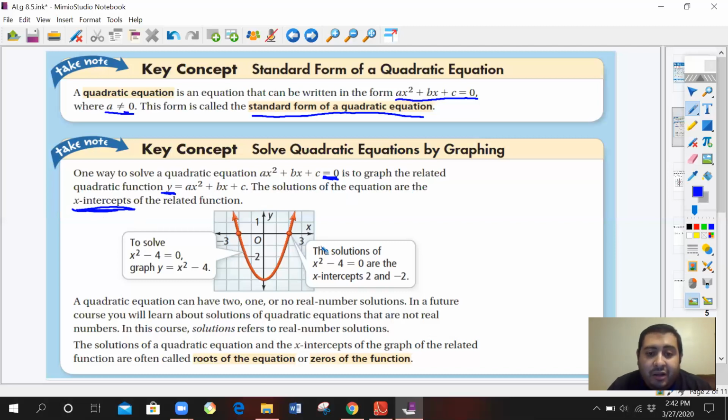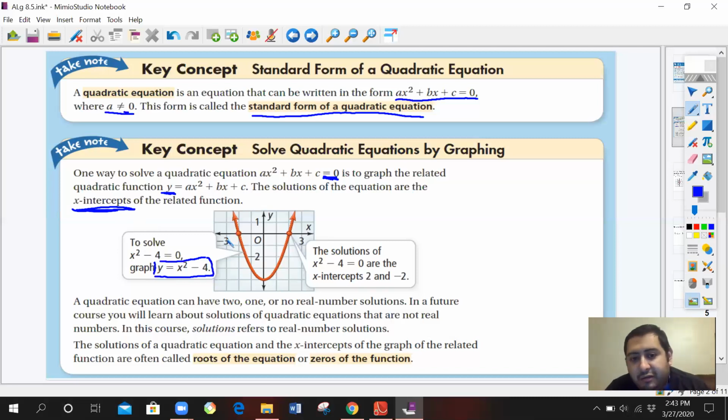So for example, the parabola that you have here is x squared minus 4 equals 0. But in order to graph this on the calculator, you're going to end up graphing this expression.